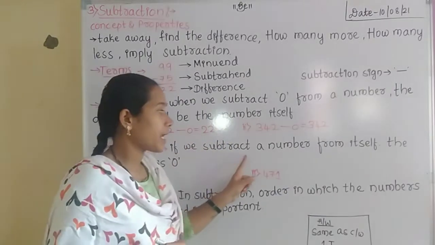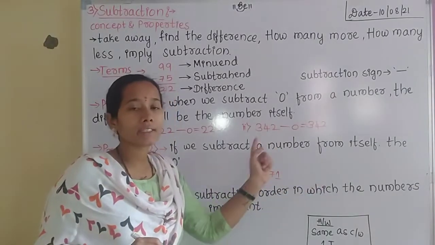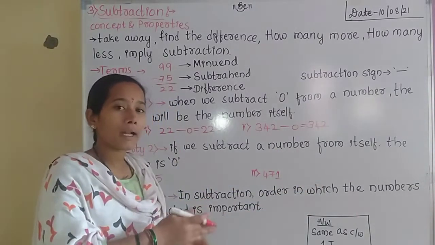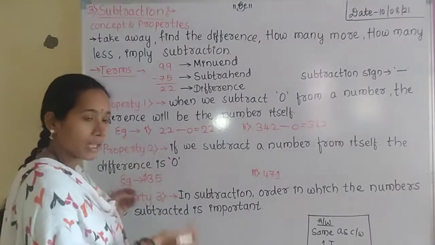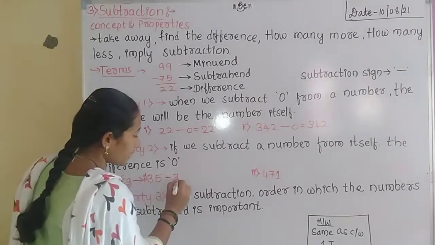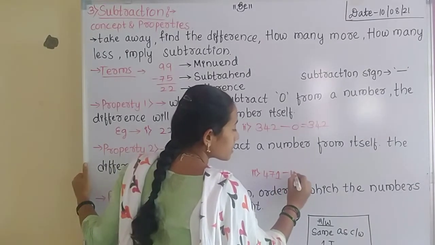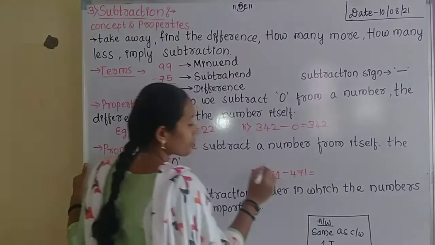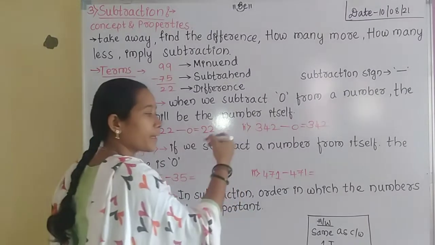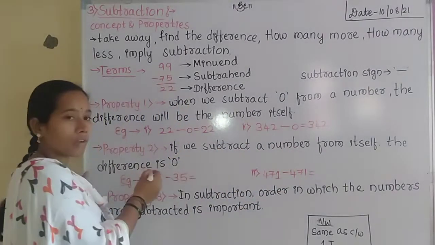If we subtract a number from itself, we have to subtract that same number only. So 35 minus 35, and here also 471 minus 471. When we subtract a number from itself, the difference will be 0.